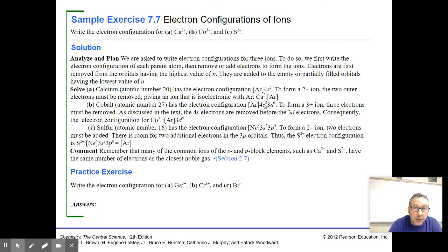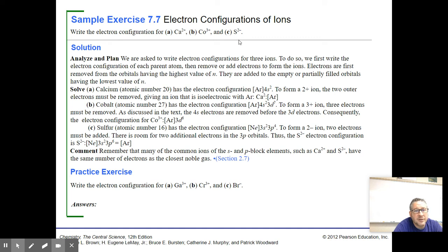So we take 2 from the 4s, but this forms a 3+ ion, so we have 1 more electron to remove, and it has to come from the 3d7. After we remove the 2 from the 4s and the 1 from the 3d7, we get a final electron configuration for Co3+ of [Ar]3d6.